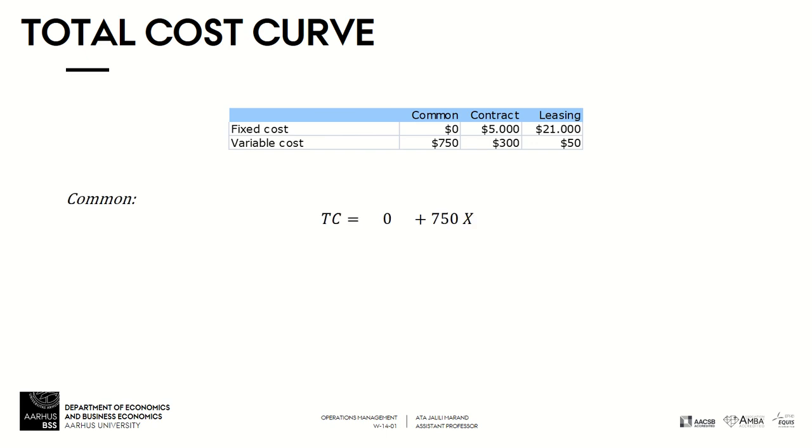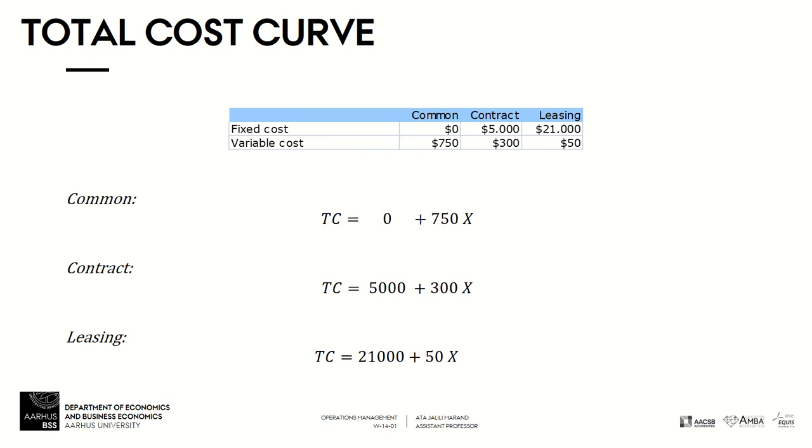So for the common alternative, or the first alternative, we have total cost equal to 0, which is the fixed cost for this alternative, plus 750 multiplied by X, which is the number of shipments. And then for the second alternative and third alternative, we can also use the numbers here and the formula in the previous slide to find the equation of the total cost.